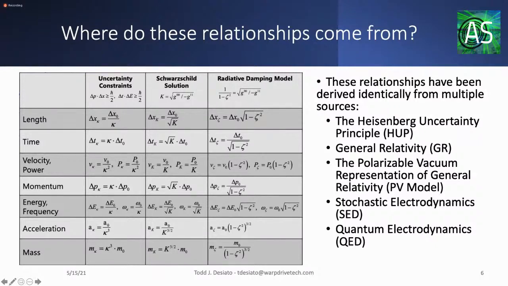If you use the Schwarzschild solution of general relativity, you get something like this, which is also true of the polarizable vacuum model. And if you use the radiative damping model, you get this. All three are different interpretations that lead to the same conclusions. And that just reinforces what I'm saying here.